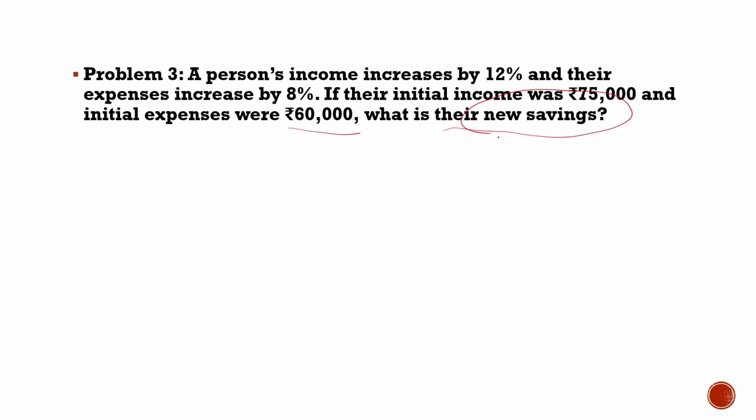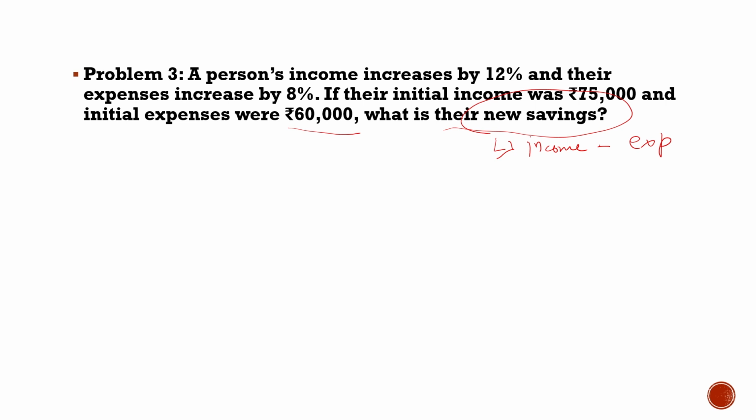First I should tell you that the formula for savings is a person's income minus their expenditure. Whatever your total income is, if you subtract expenditure from that income, you will get savings. So we have to find out the new savings level after the increase.